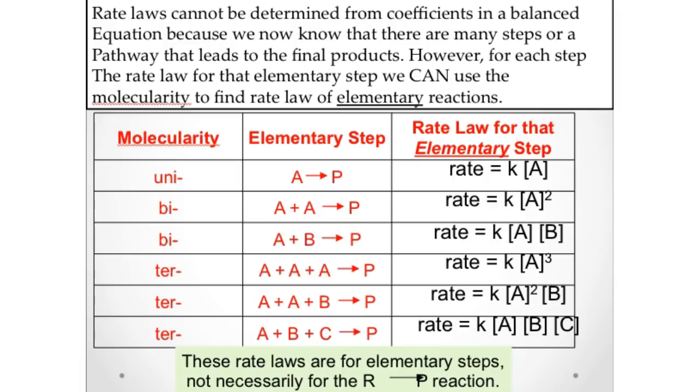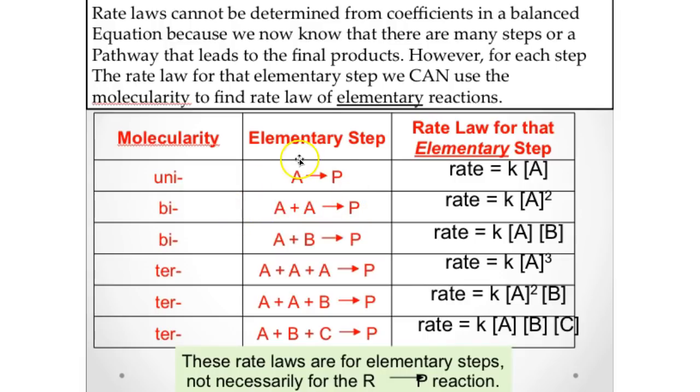There's a bunch of elementary steps that could occur. There's a reaction mechanism. So we can't use the reactants in an overall reaction to find elementary steps. However, for elementary steps, not the overall reaction, you could use the coefficients. So you can.